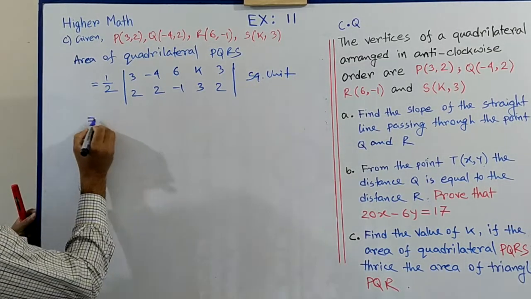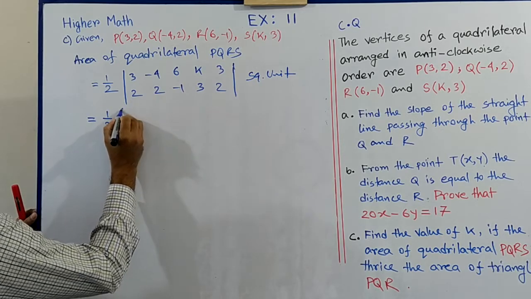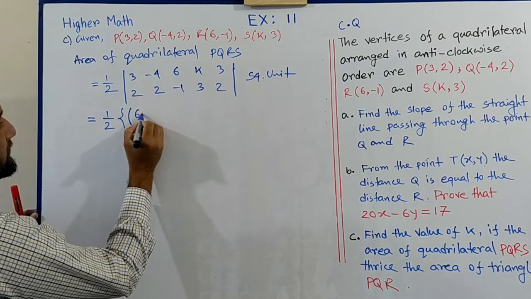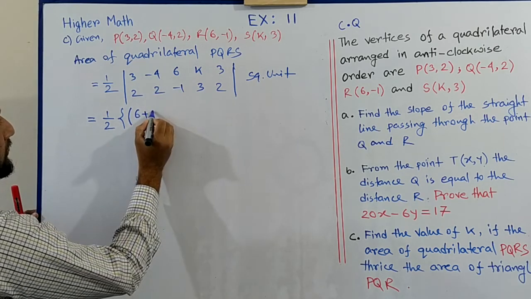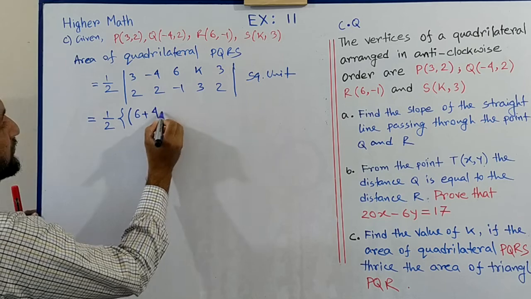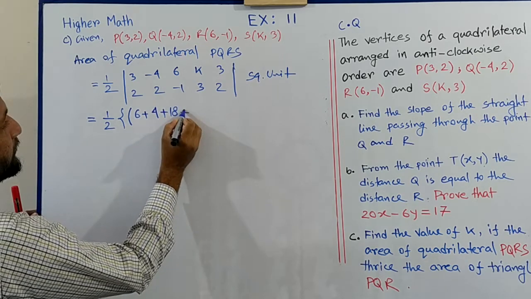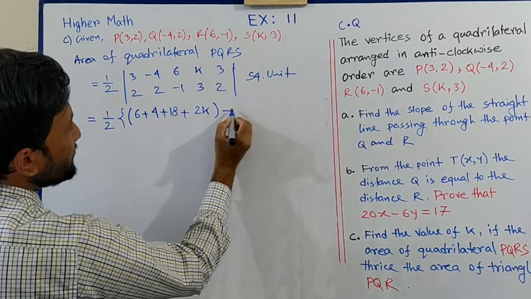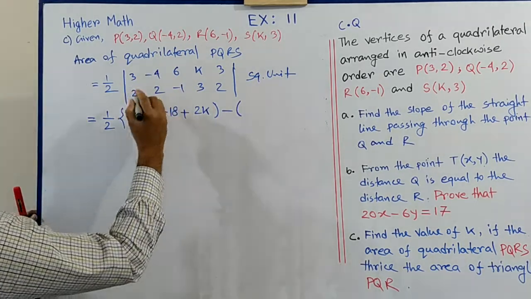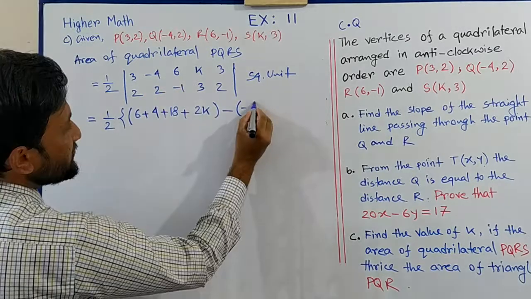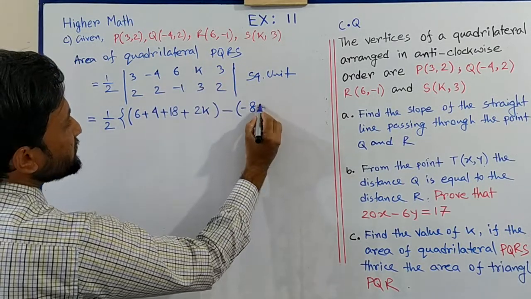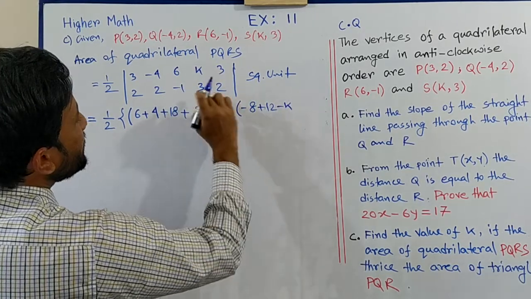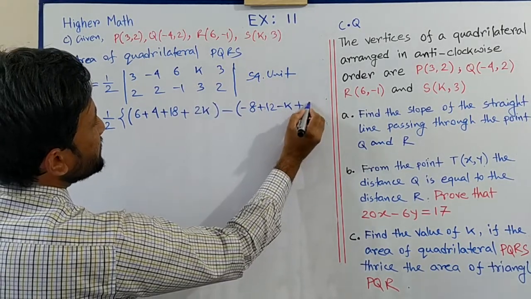Okay, now by simple calculation we also know the process. 3 into 2 is 6, plus minus 4 into minus 1, that means plus 4, 6 into 3 is 18, and then plus k into 2, that means 2k. Okay, closing the first bracket and then minus. Again 2 into minus 4 is minus 8, 2 into 6 is plus 12, and then minus 1 into k means minus k, and then 3 into 3 means plus 9.